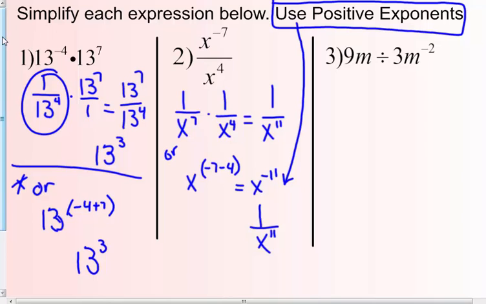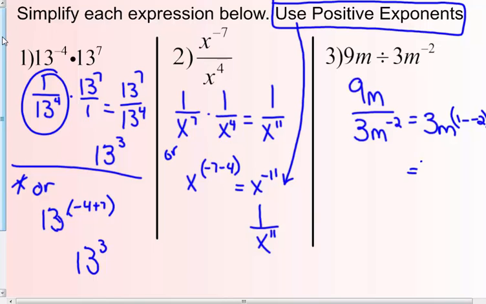So 9m divided by 3m to the negative 2nd, well, I like it written with that division symbol. Okay, well, 9 divided by 3, I can factor that. That's 3. And m to the 1st minus negative 2. Okay, be careful. Keep the base and subtract those exponents.